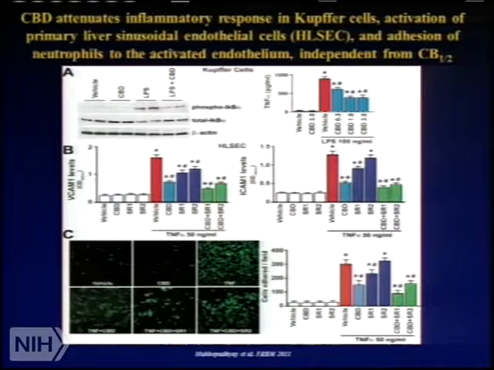So this is some anti-inflammatory effect of cannabinoids in Kupffer cells. I mentioned that these are very important resident macrophages in the liver. So if you stimulate Kupffer cells with endotoxin, there is marked release of TNF-alpha.